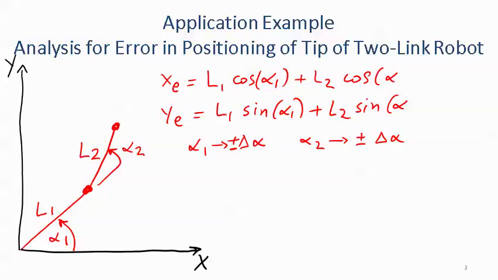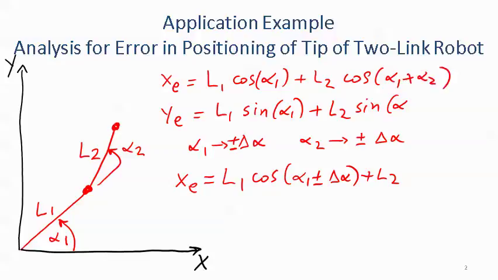Then we will have an expression for the position of this tip as XE equals L1 cosine of alpha 1 plus minus delta alpha plus L2 cosine of alpha 1 plus alpha 2.